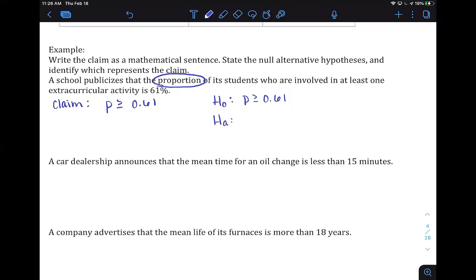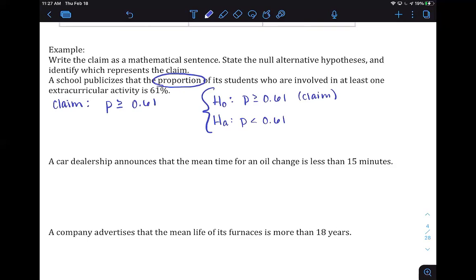Less than. So P is less than 0.61. And then we always go ahead and write claim to the right of whichever one it is, because that's going to help us make our interpretation and our decision at the end. This right here is the first step of everything you're going to do for this entire unit.